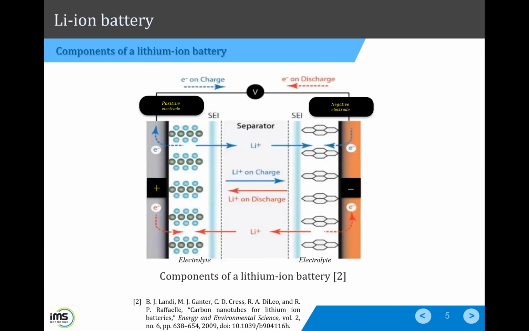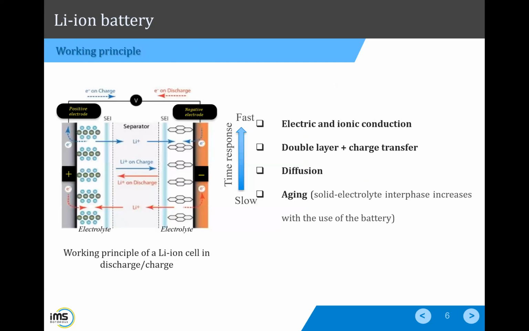The battery is composed of two electrodes inside a liquid called electrolyte, with a separation between the two electrodes, and the battery has an external electrical circuit. The working principle is based on oxidation and reduction reactions that happen on the two electrodes.